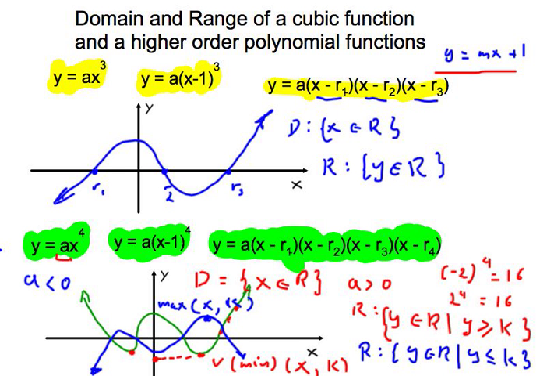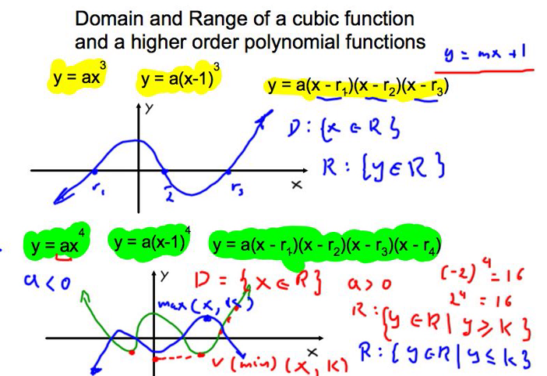Any type of polynomial function where the degree of the variable is odd, 1 or 3, then next will be 5 and 7 and so on, the domain and range is the set of all real numbers, no restrictions, no conditions. So this is true for a line, a cubic function, a polynomial function of higher degree with exponent 5, 7, and so on.